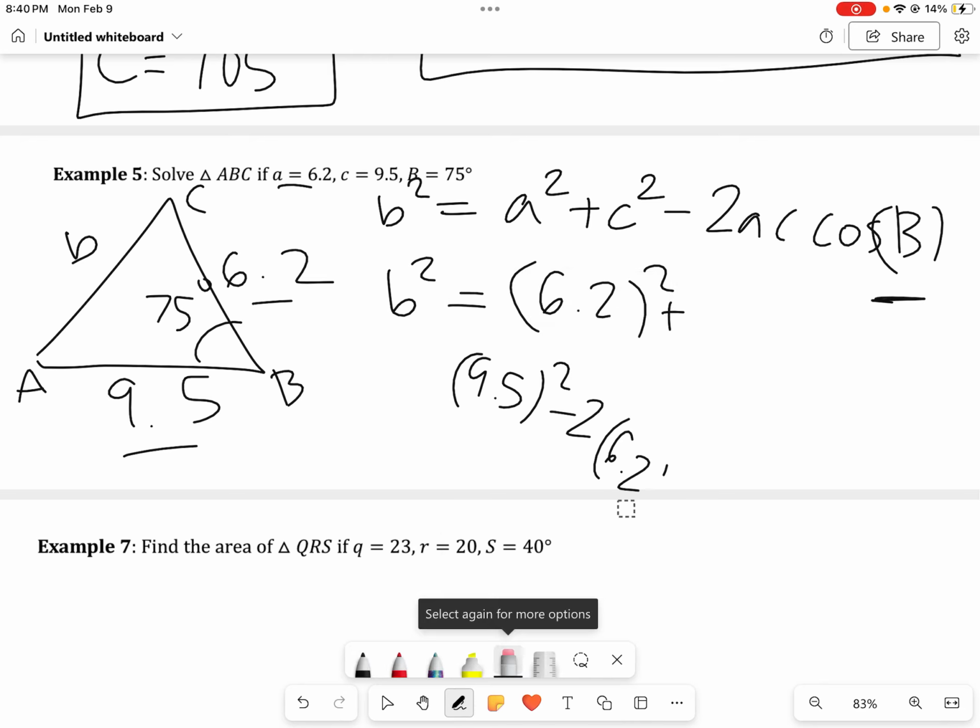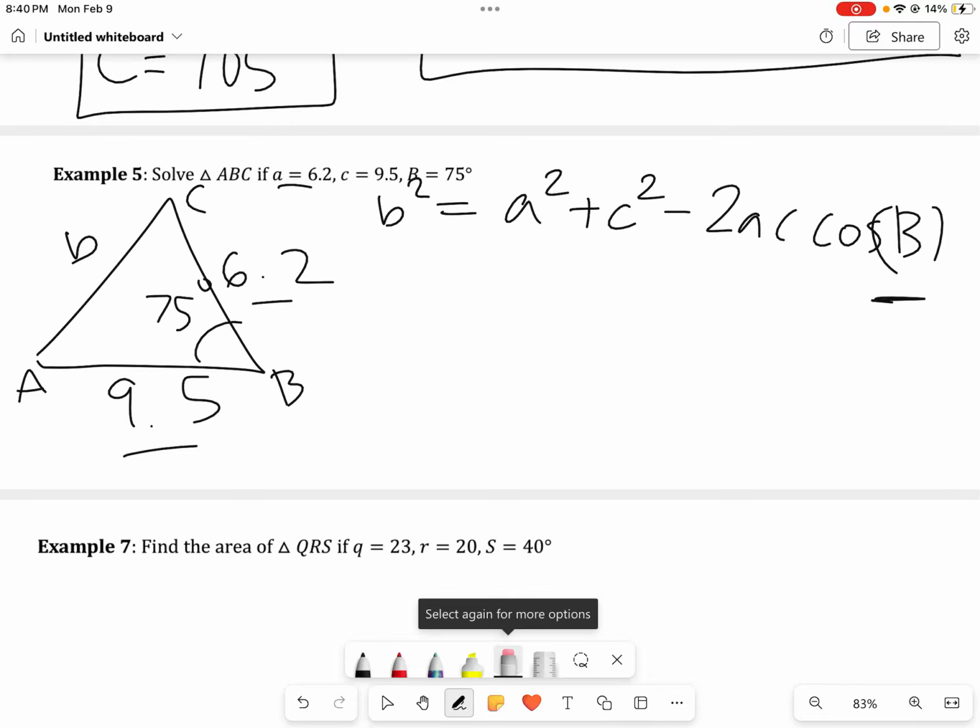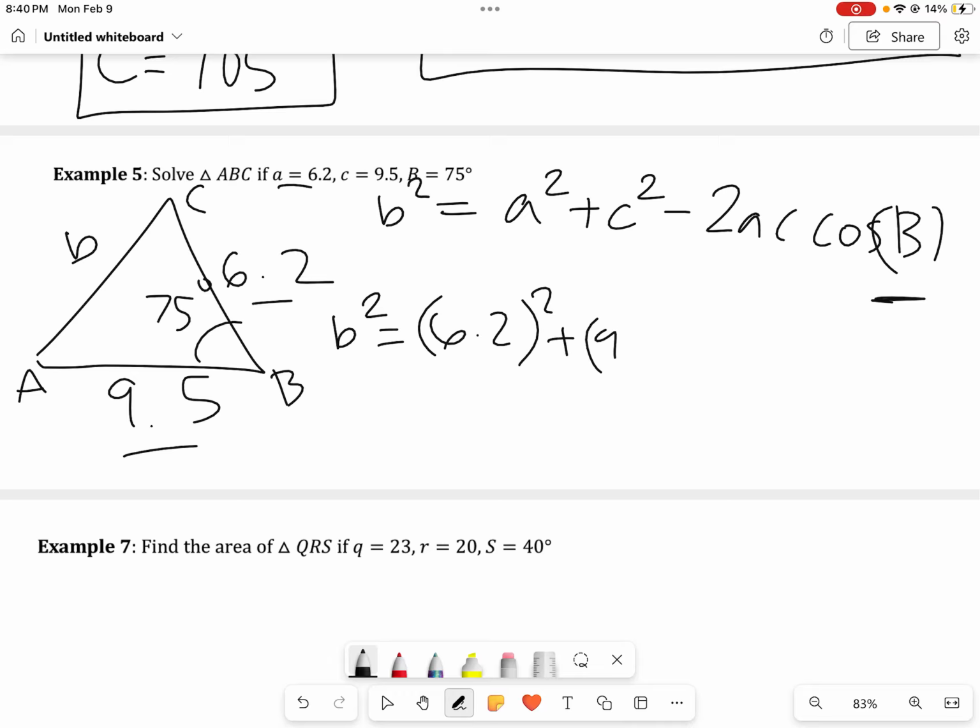Actually, so we're just gonna scratch that. Okay, and B squared is 6.2 squared plus 9.5 squared minus 2 times 6.2 times 9.5 times cos of 75.